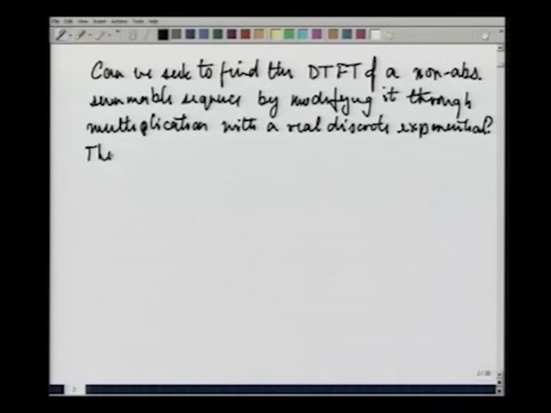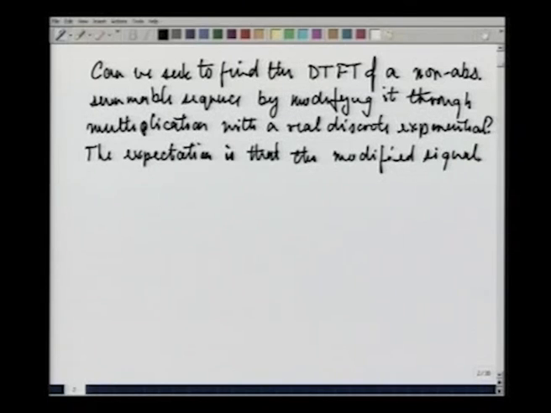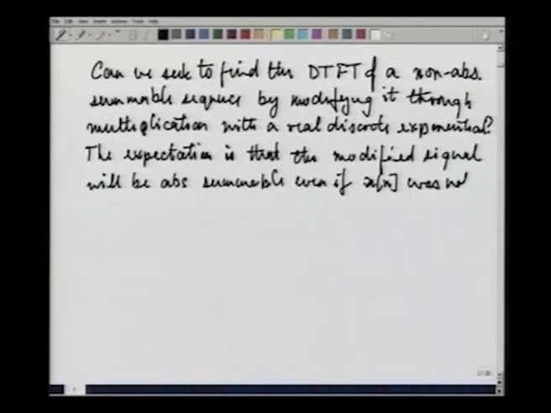The expectation is that the modified signal will be absolutely summable even if xn was not. So, that is the idea, whether we can somehow arrange this.